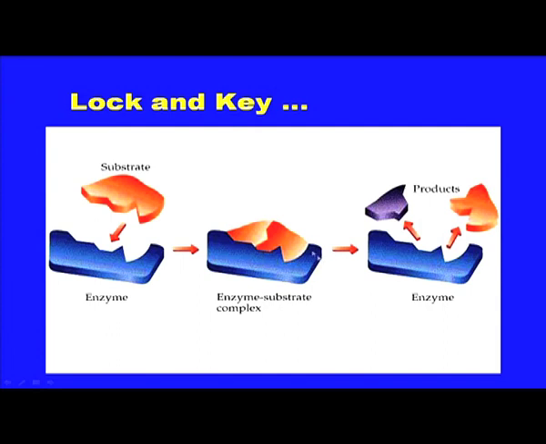Then with time, this enzyme substrate complex does a further reaction to give you the enzyme back, and now the products are separated. The substrate was like this, and from the substrate a portion has been snatched out to give you the other part. So basically these are the products.